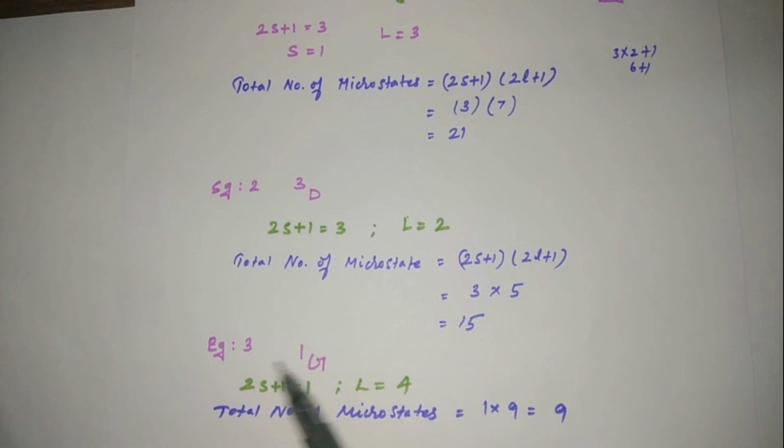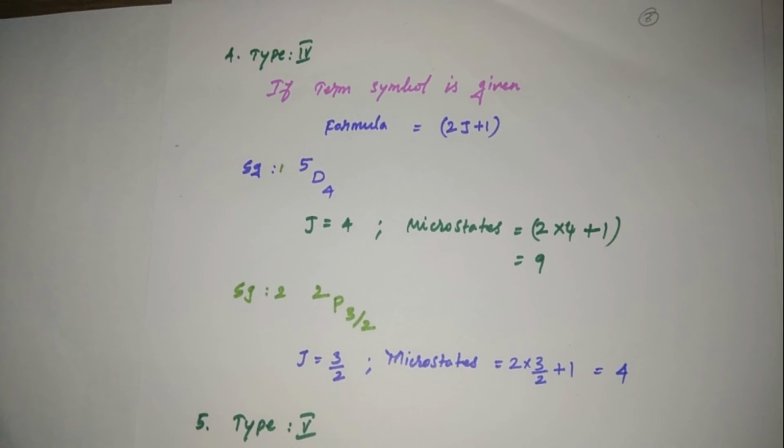Then the next example, 1G. The 2S plus 1 value is equal to 1. For the G term, the value of L is 4. The total number of microstates in the 1G term is 1 into 9, which is 9 microstates.